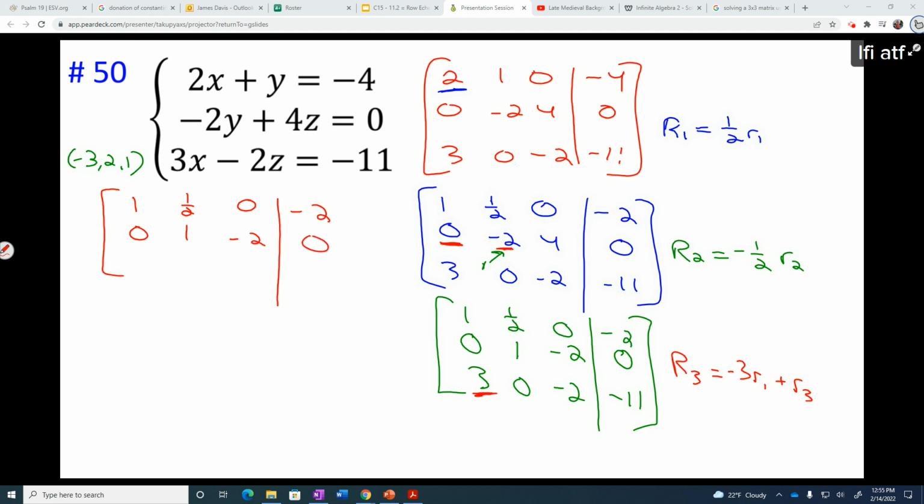All right, so negative 3 times this plus 3 is 0. Negative 3 times 1/2 is negative 3/2. Plus 0 is just negative 3/2. Negative 3 times 0 plus negative 2 is negative 2. And then negative 3 times negative 2 is positive 6. Minus 11 would be negative 5.